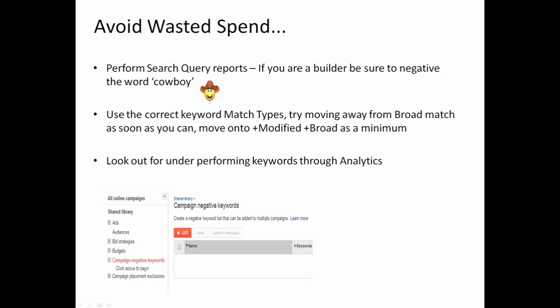So to avoid wasted spend, you also want to be performing search query reports, and that involves going to the keyword area of your account and running a report from there, and that will actually tell you the keywords that have been searched, and that's quite an important thing to know.